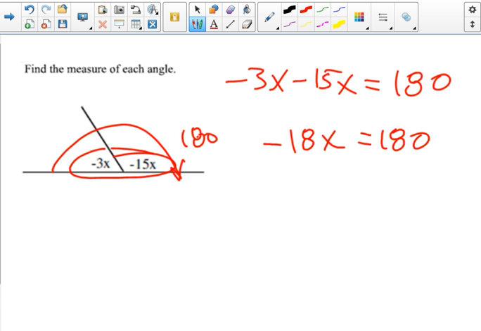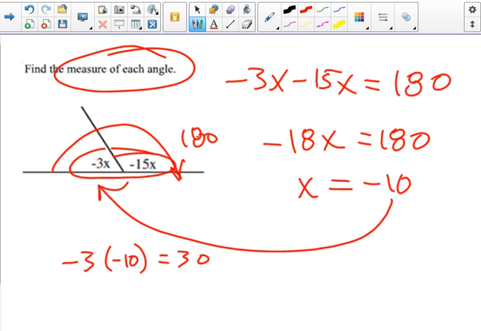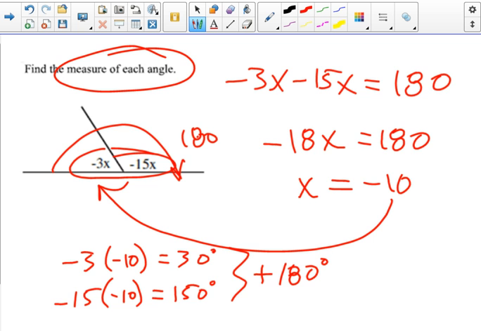Divide by negative 18. x is going to be negative 10. And then I'm going to plug that in because they're asking me for the measure of the angles. So that's going to be negative 3 times negative 10. It's a 30 degree angle. And negative 15 times negative 10, which is going to be a 150 degree angle. And sure enough, they do add up to 180 degrees, like we hoped.